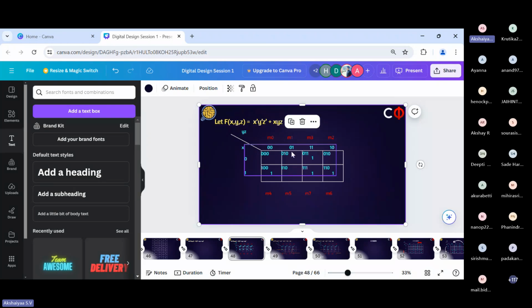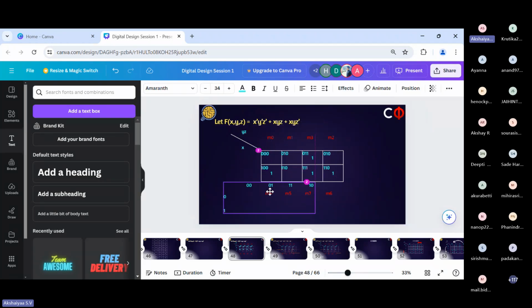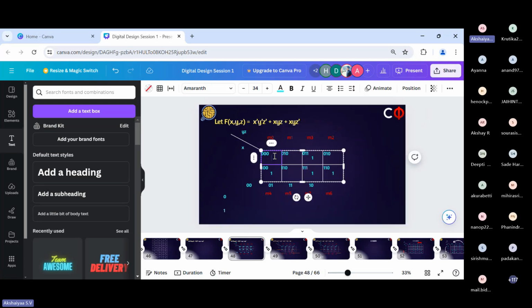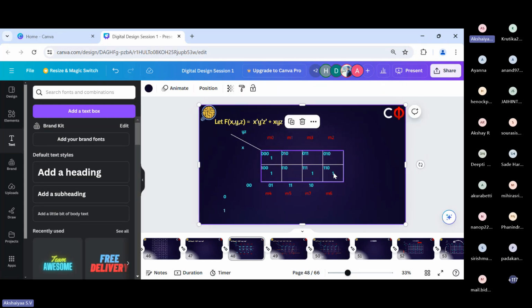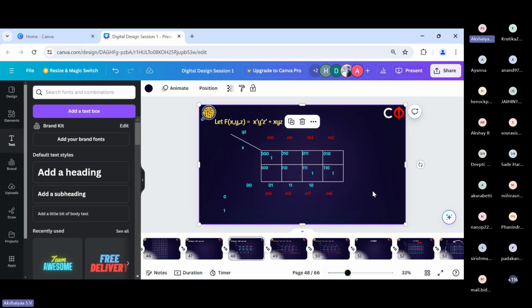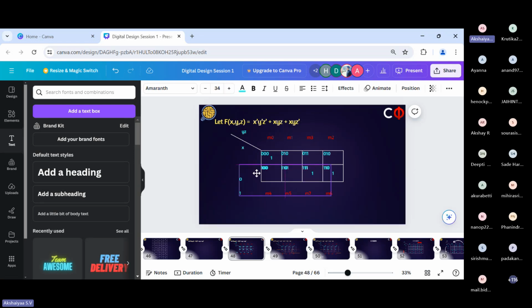We'll have to change wherever the ones are. So x prime, y prime, z prime is this column, so I'll go and put a 1 there. x, y, z is already filled and you no longer have this function, so I'll go and remove it. And this is already there. x, y prime, z prime is no longer there, so I'll remove this. So this is the new function which we are having, right?